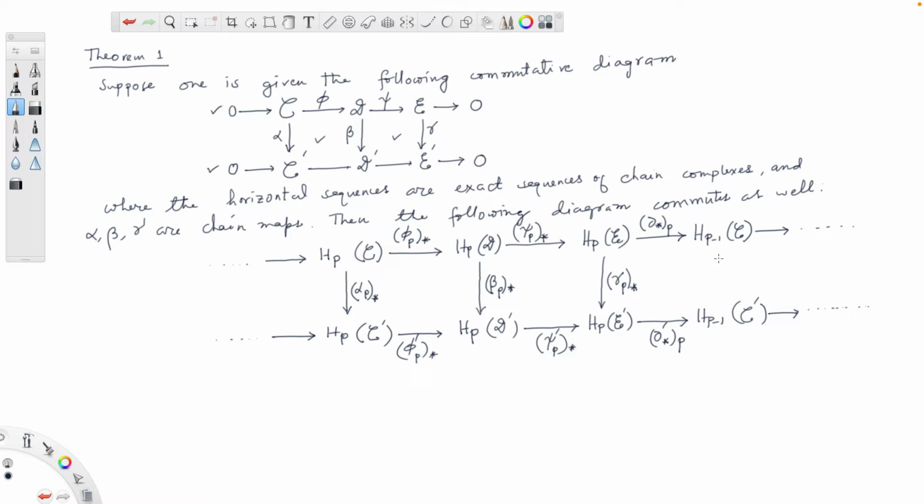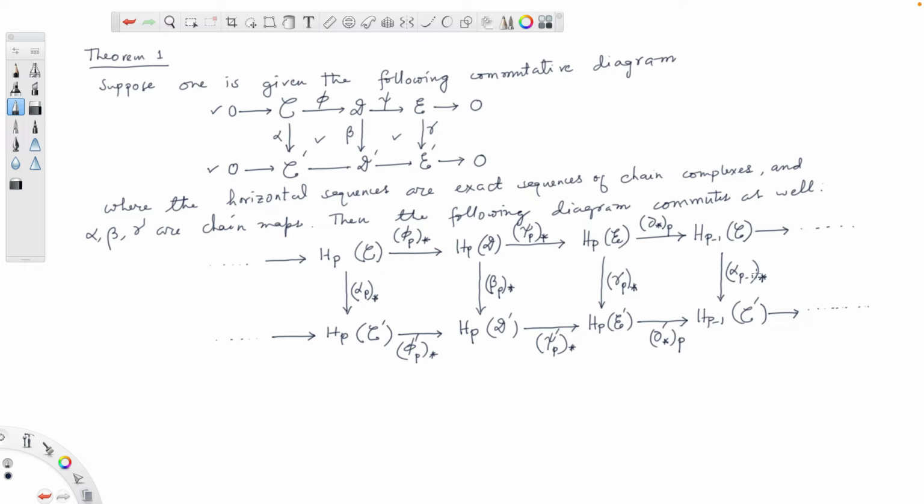And then from HP minus 1 of C to HP minus 1 C prime is denoted by alpha again, which is alpha P minus 1 star. Okay. So it's a commutative diagram. This is what we need to prove. Okay, so this was theorem 1.